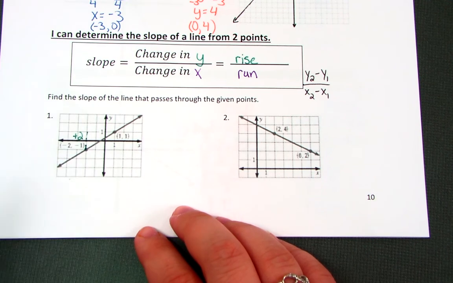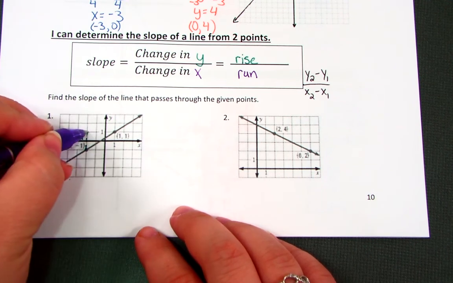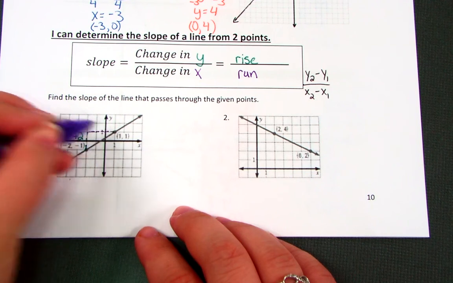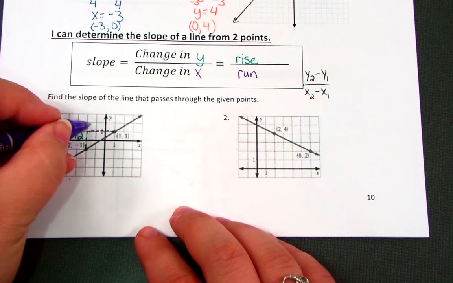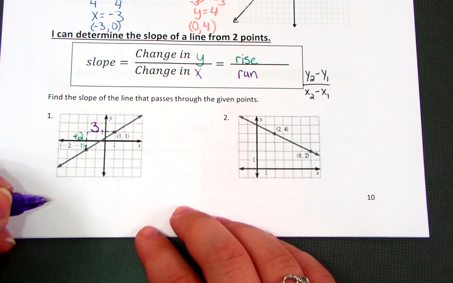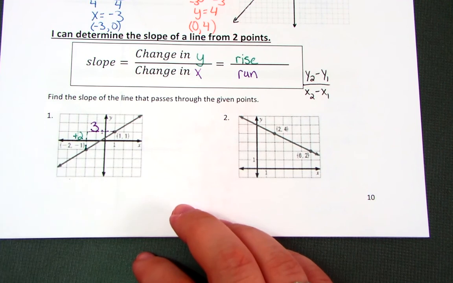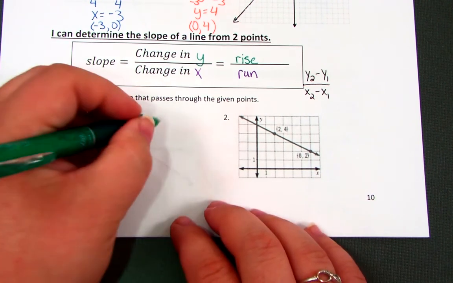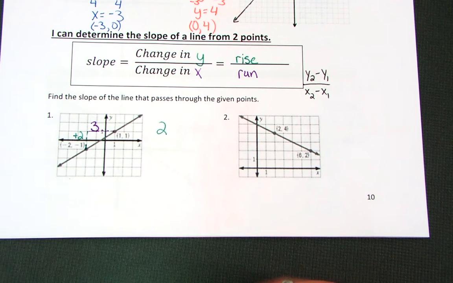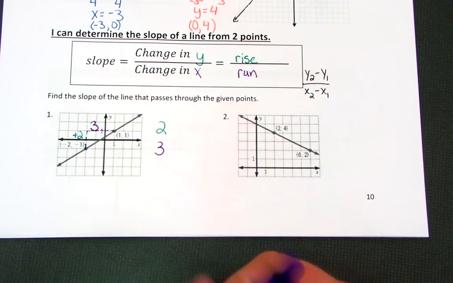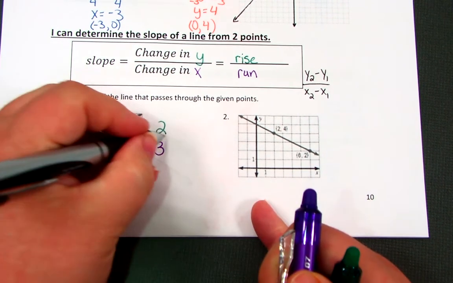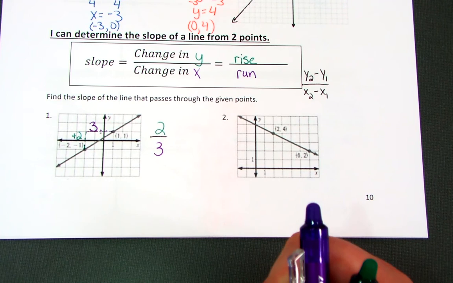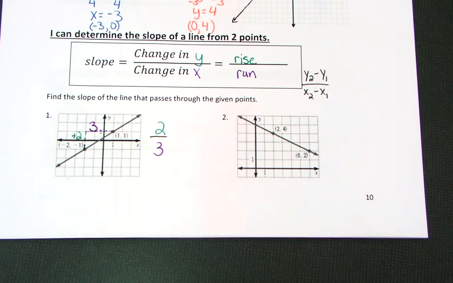How many do I need to go right to get to that point? I'm going to go right 3. So my slope is going to be 2 over 3. And I can't reduce that.